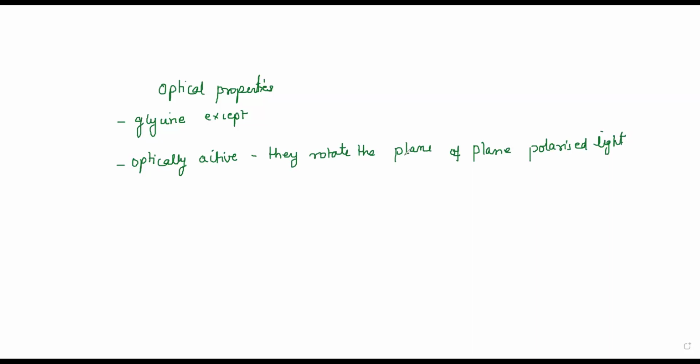And optically active molecules have an asymmetry such that they are not superimposed on the mirror image. So this is the characteristic of a substance that contains a chiral center.